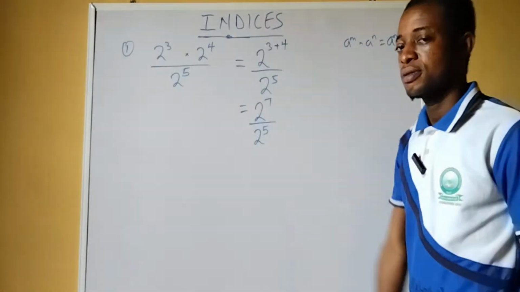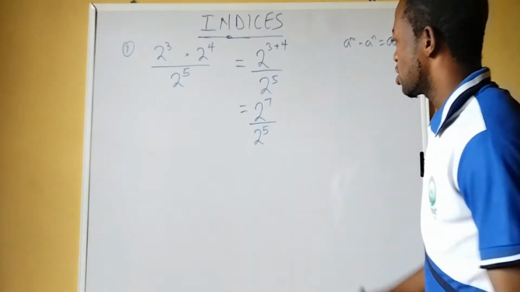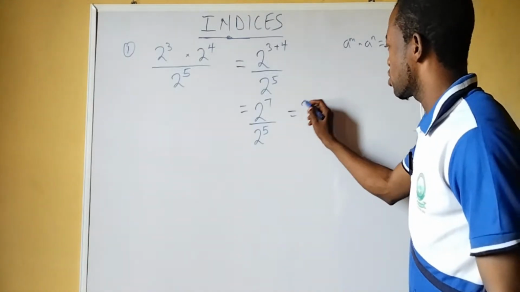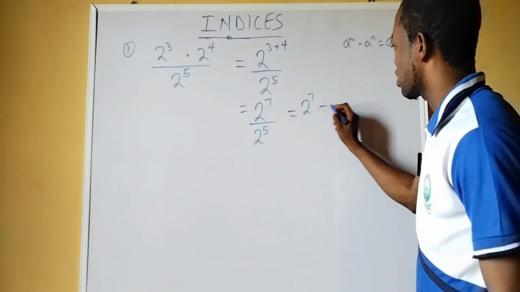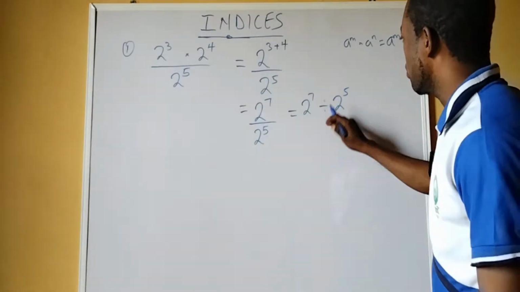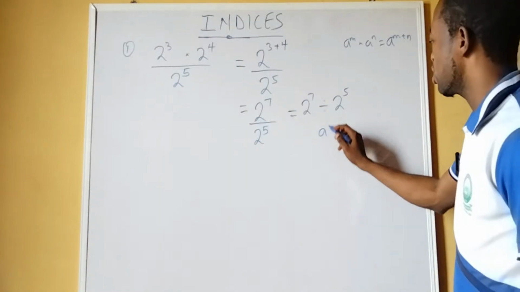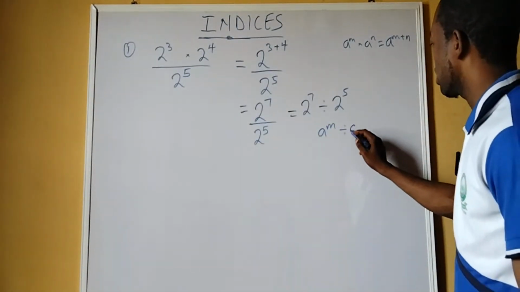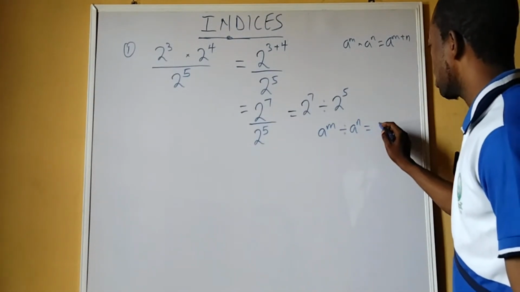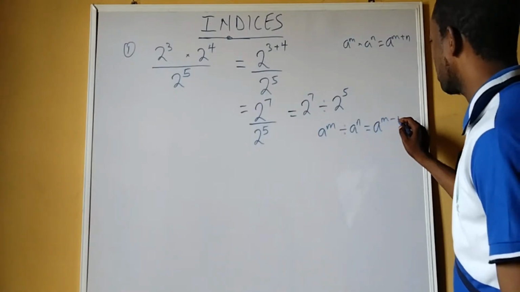This is division. So it's also the same thing as 2 raised to power 7 divided by 2 raised to power 5, which follows the second law that says that when we have a raised to power m divided by a raised to power n, it is a raised to power m minus n.